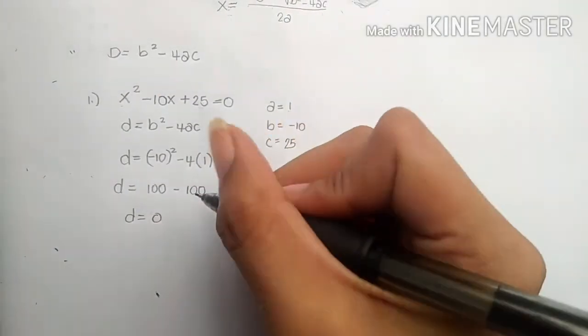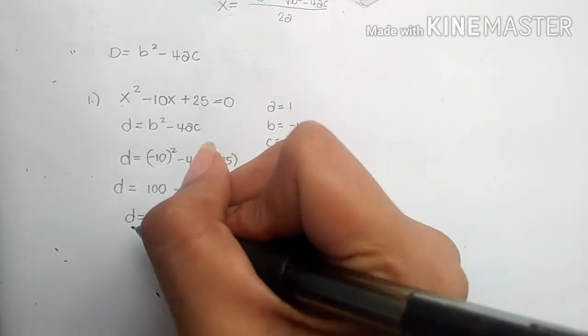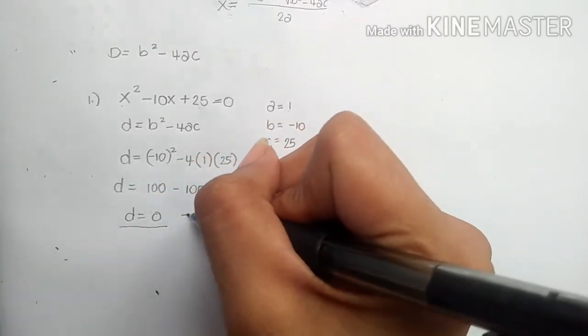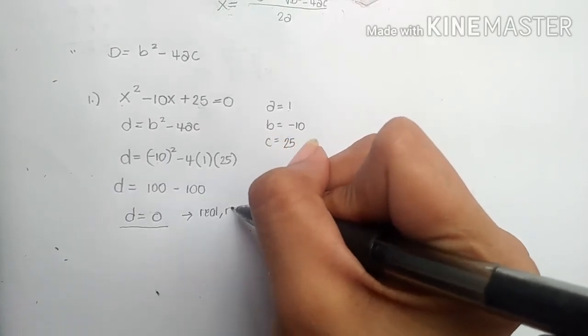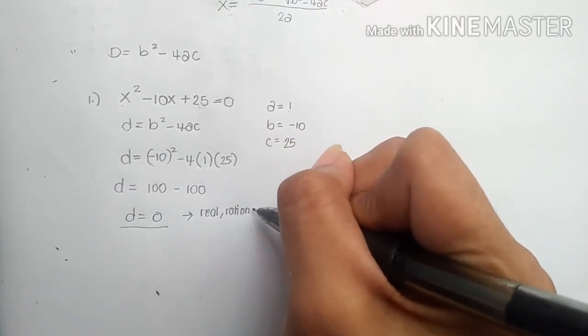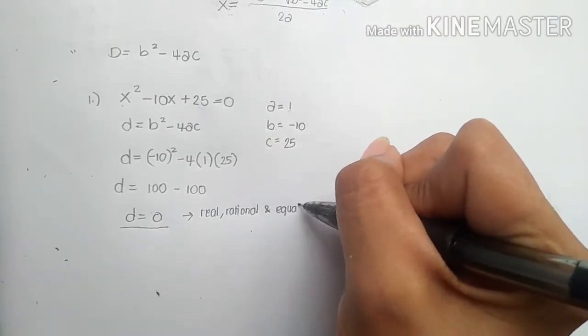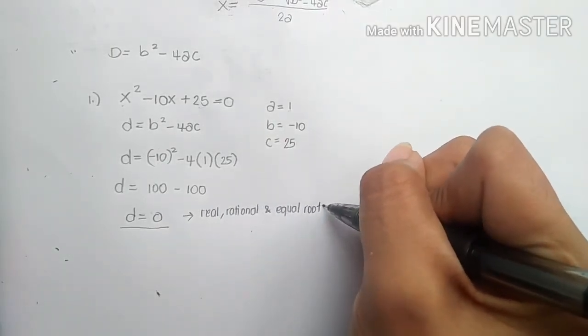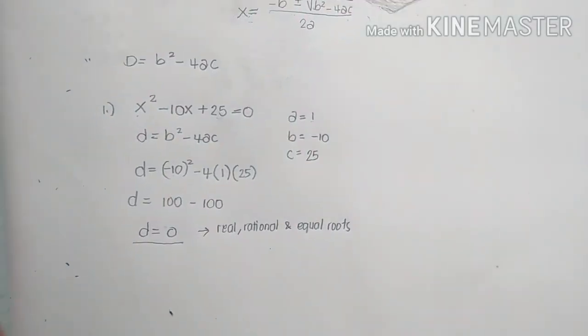So let's write the nature of the roots: real, rational, and equal roots. Got it, everyone?